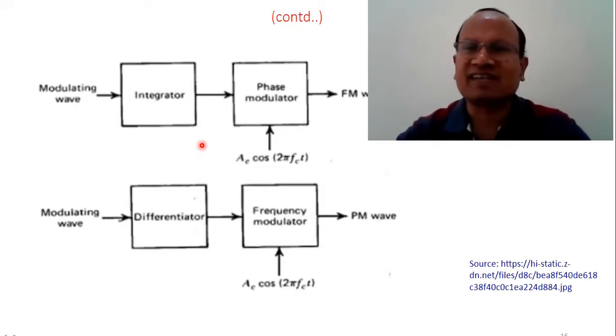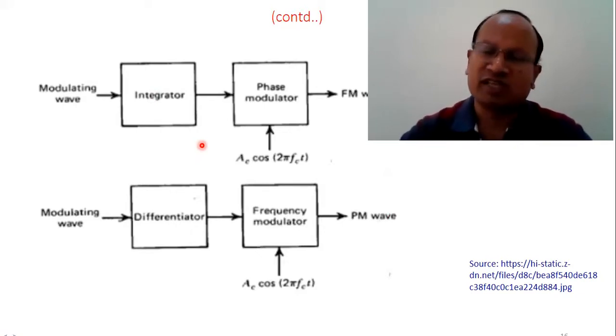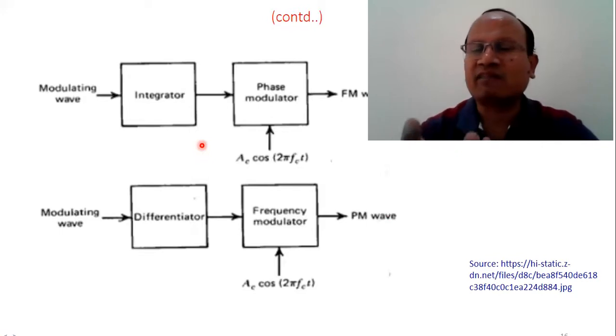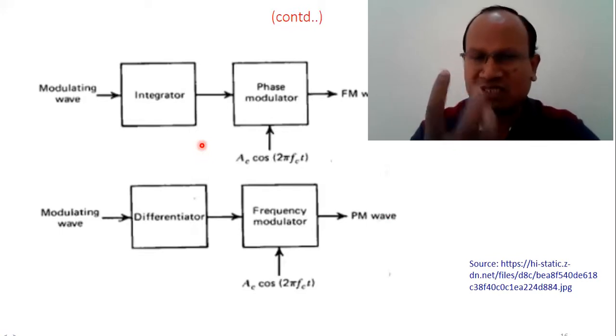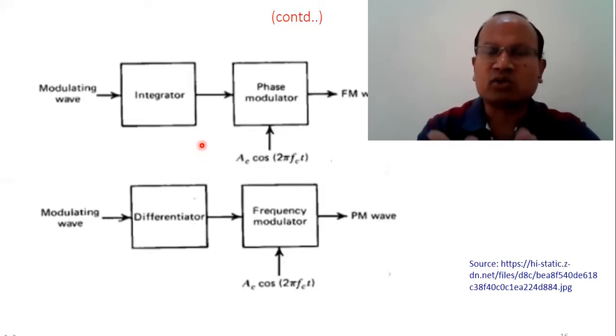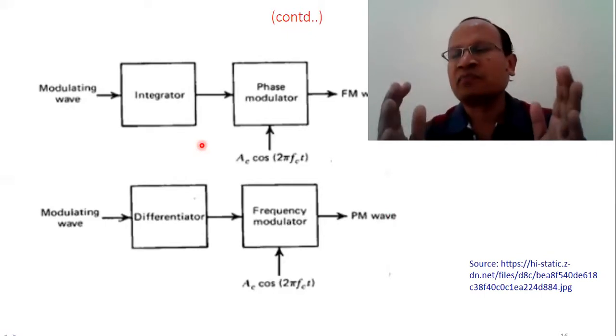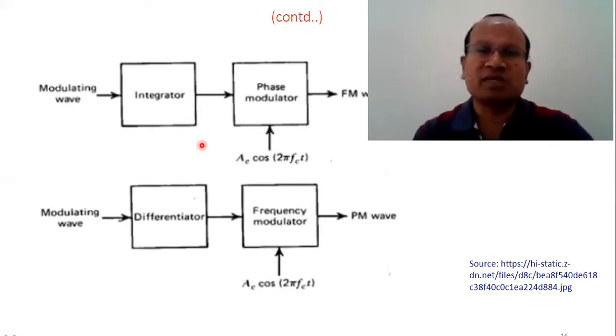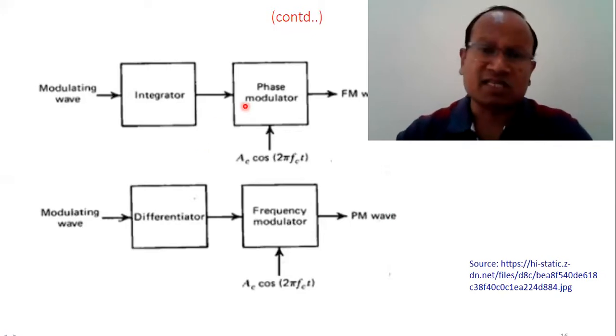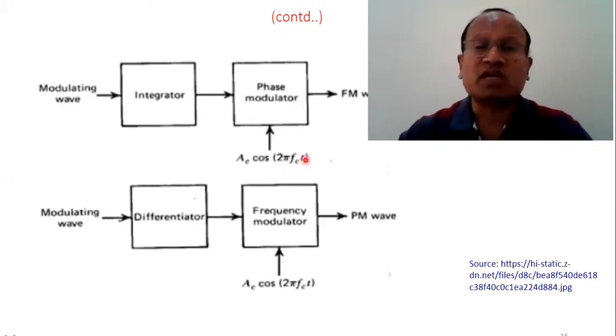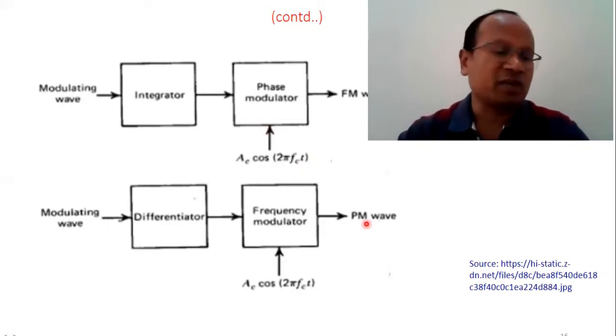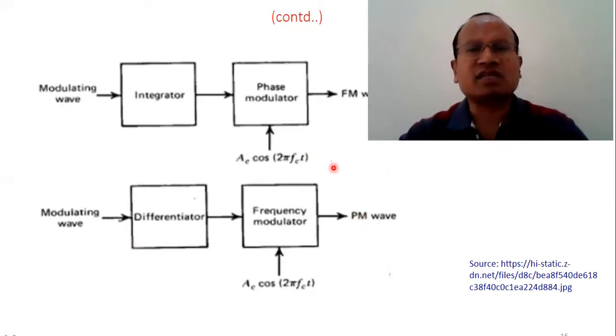So we pass the modulating signal to a low pass filter so that we can choose our correct band of frequency, and the correct message signal can be passed through so that no other component is mixed with the message signal. And then the angle changes. The angle change is proportional to the instantaneous value of the modulating signal. We get FM, and in the opposite manner, we get a PM signal. So this is a comparison of PM and FM.